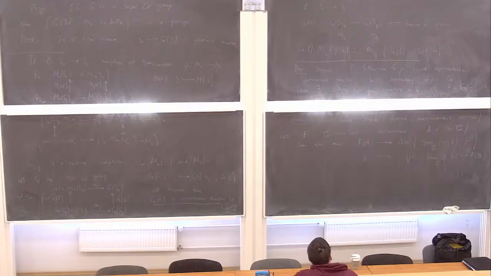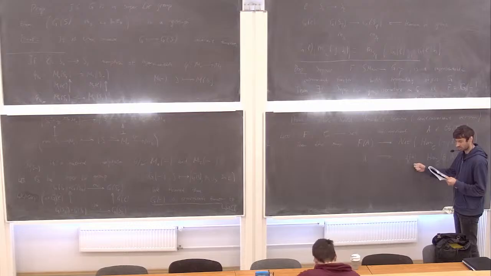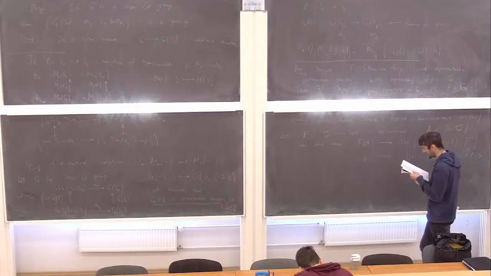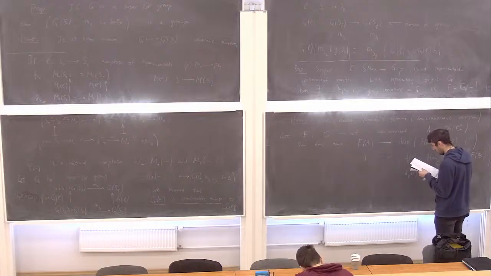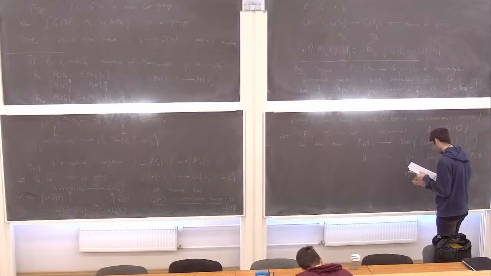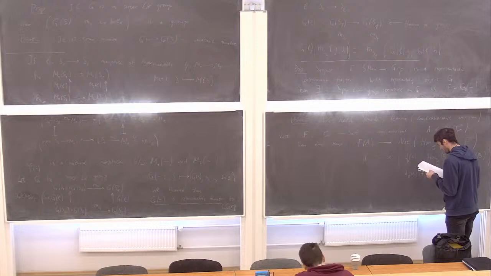So I didn't describe the map yet. I'm just saying where it should go, right? I just need alpha. So this is like a notation for alpha of a. So alpha B of a, now the definition of this map. So I need to apply it to f from here, right? So this will be F of f.